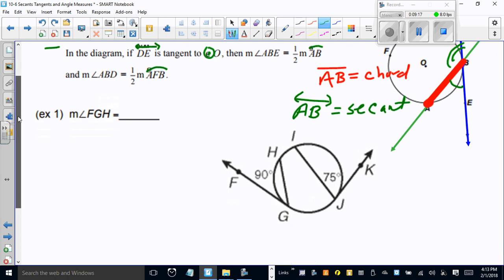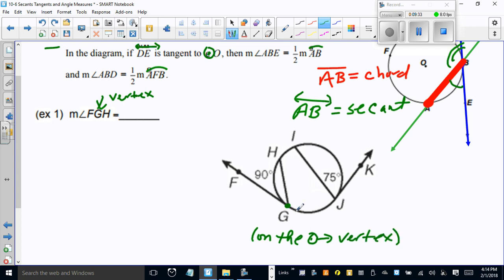So in exercise 1, when it asks to find the measure of angle FGH, G is my vertex for that angle. And if you notice, G is on the circle, okay? And I said that if it's on the circle, then the angle is equal to half of its arc, or the measure of the arc divided by 2.